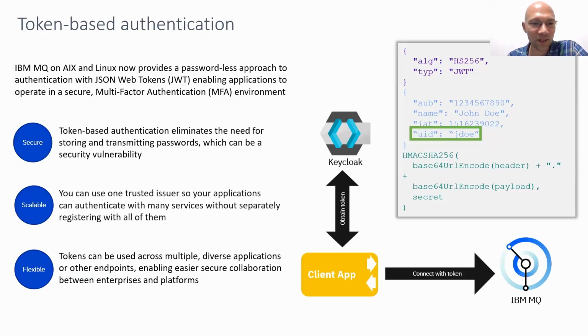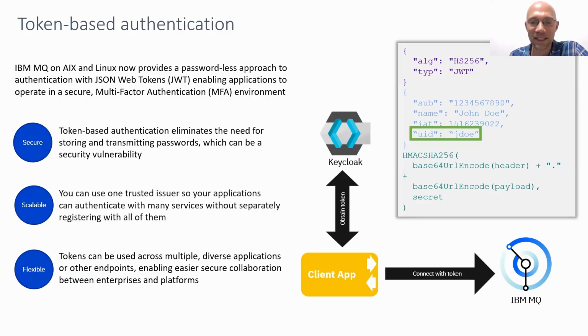So the benefits of token authentication: I've mentioned one of them, which is that you don't have passwords flowing across the network anymore, you've got tokens instead. The other is that you can centralize your identity management, essentially, so that you have a token issuer that's used by your organization. And instead of having user ID repositories spread across all your systems, you've now got a centralized place where you manage that.